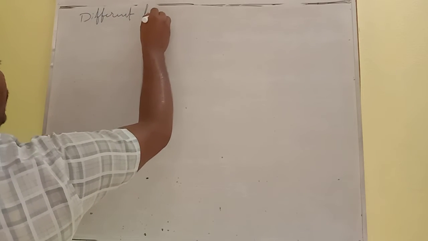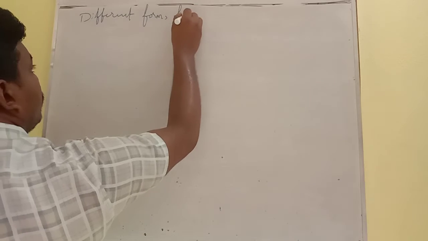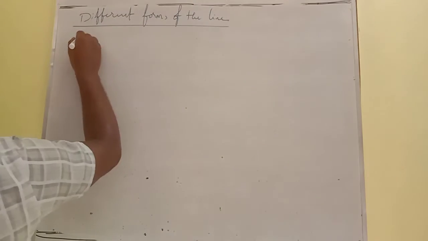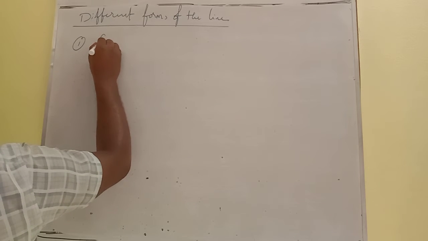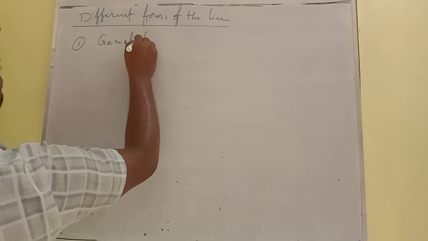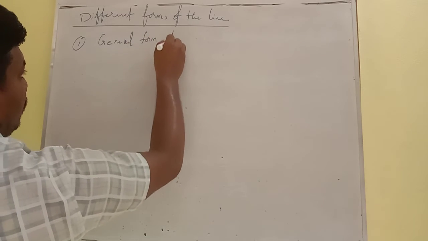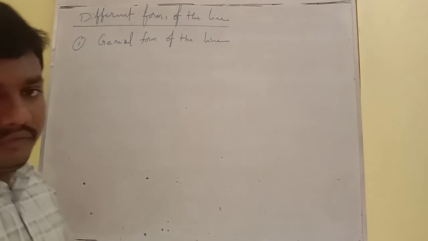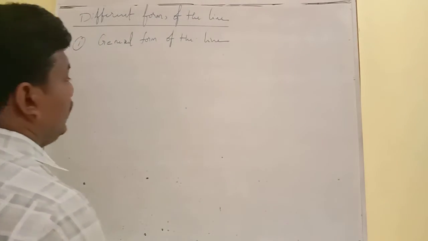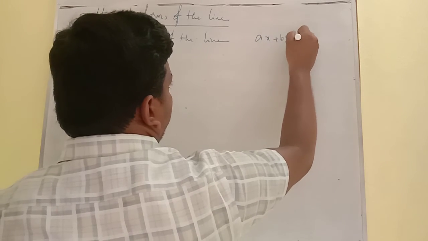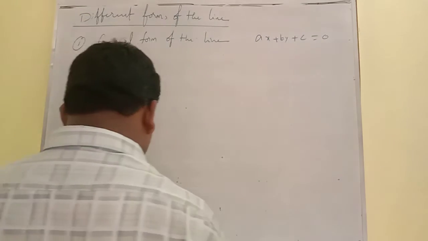First one, the general form of the line. What is the general form of the line? The general form of the line is ax plus by plus c is equal to 0.